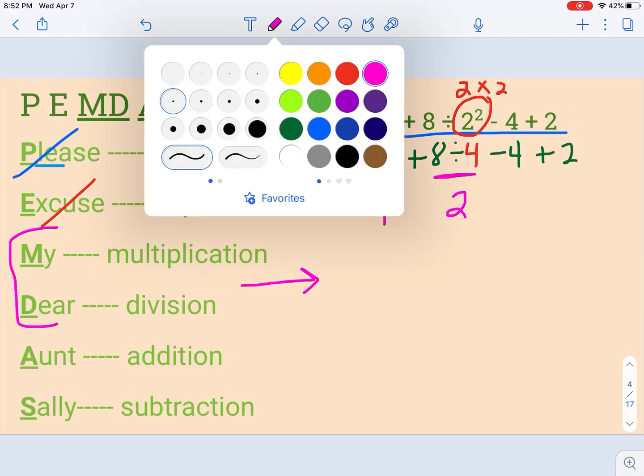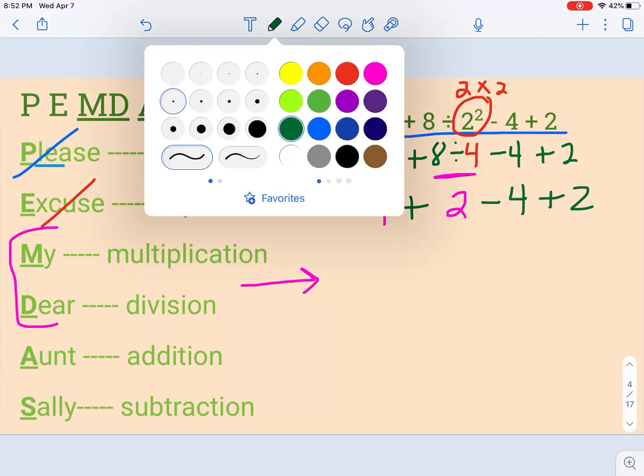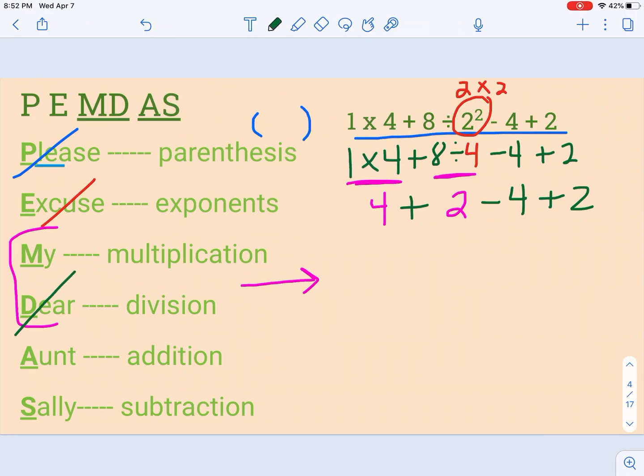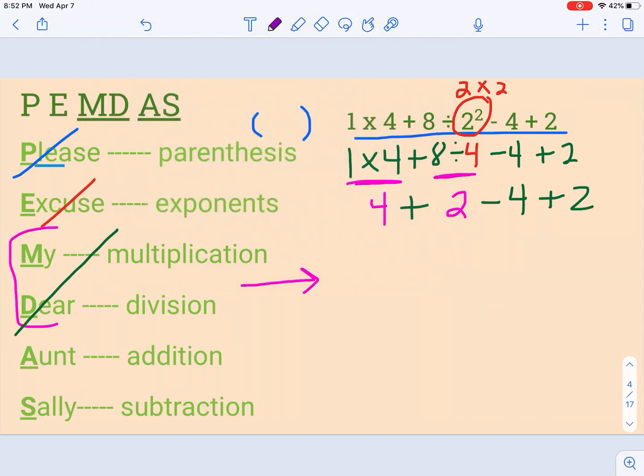I'm going to go back in and fill in the pieces that we just did. And then we're going to go on to the next step. So that was my dear. Now we need the Aunt Sally part. And the Aunt Sally is addition and subtraction. And just like multiplication and division, those go in the same step.